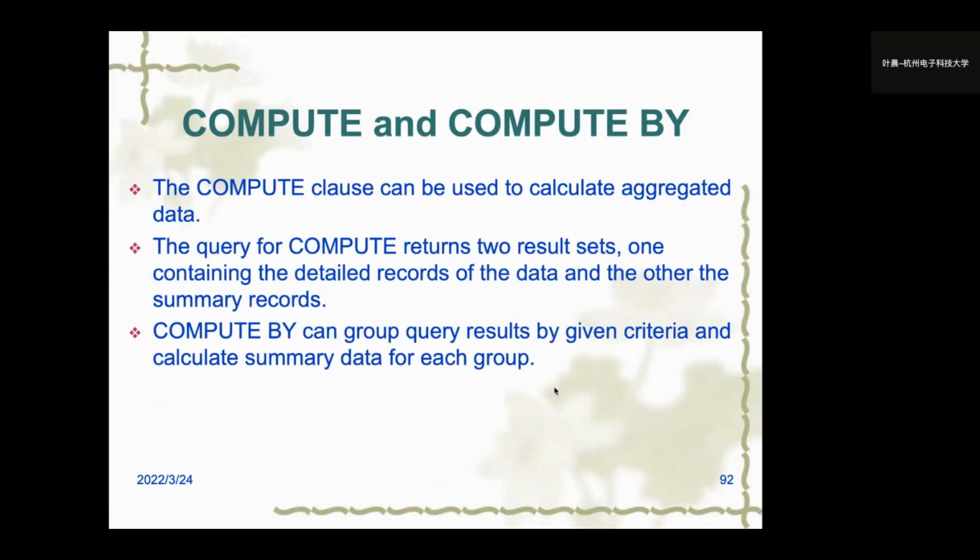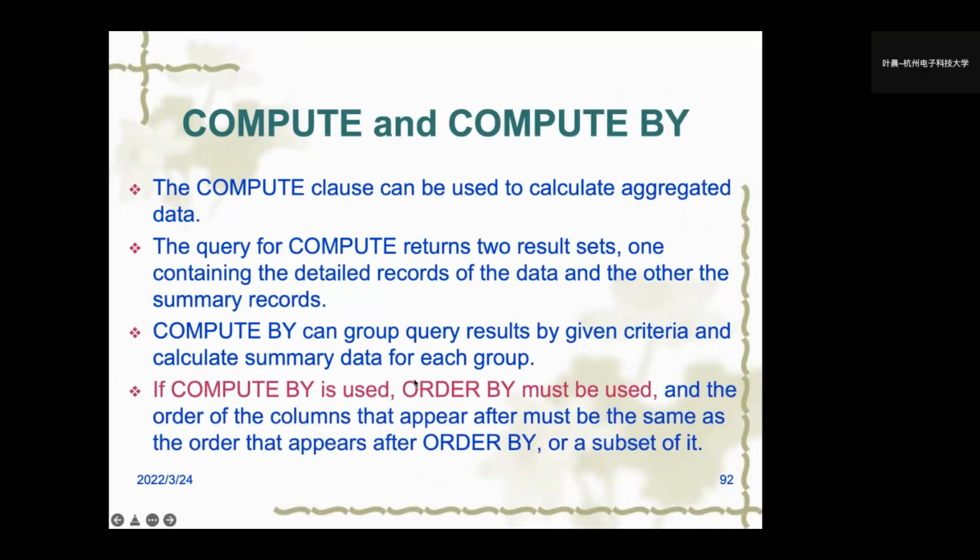Compute by can group query results by given criteria and calculate summary data for each group. If compute by is used, order by must be used, and the columns that appear after compute by must be in the same order as after order by, or a subset of it.